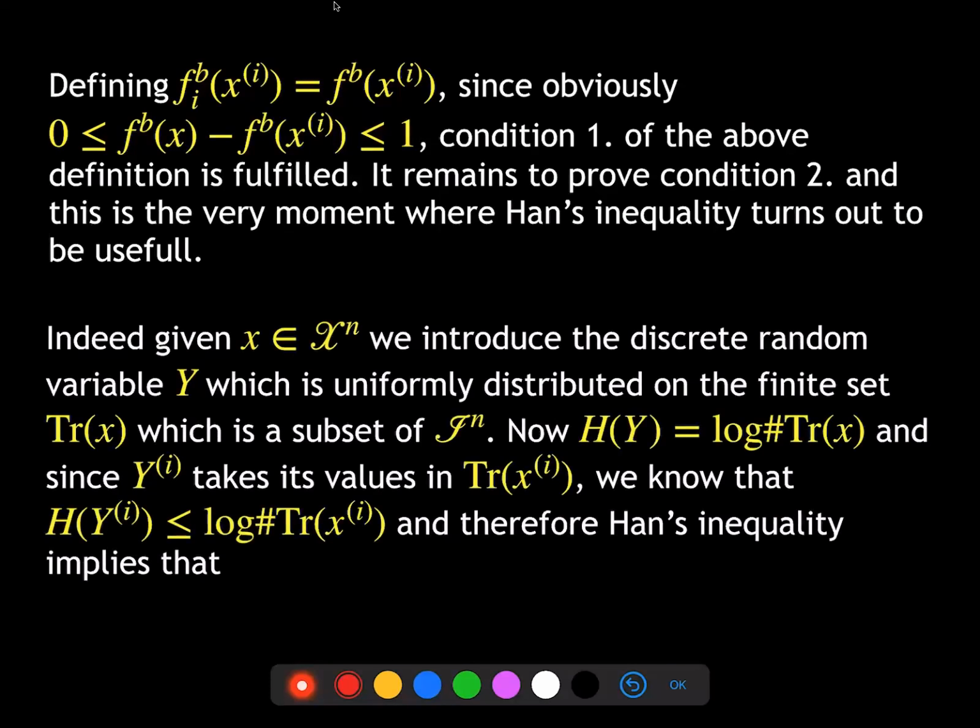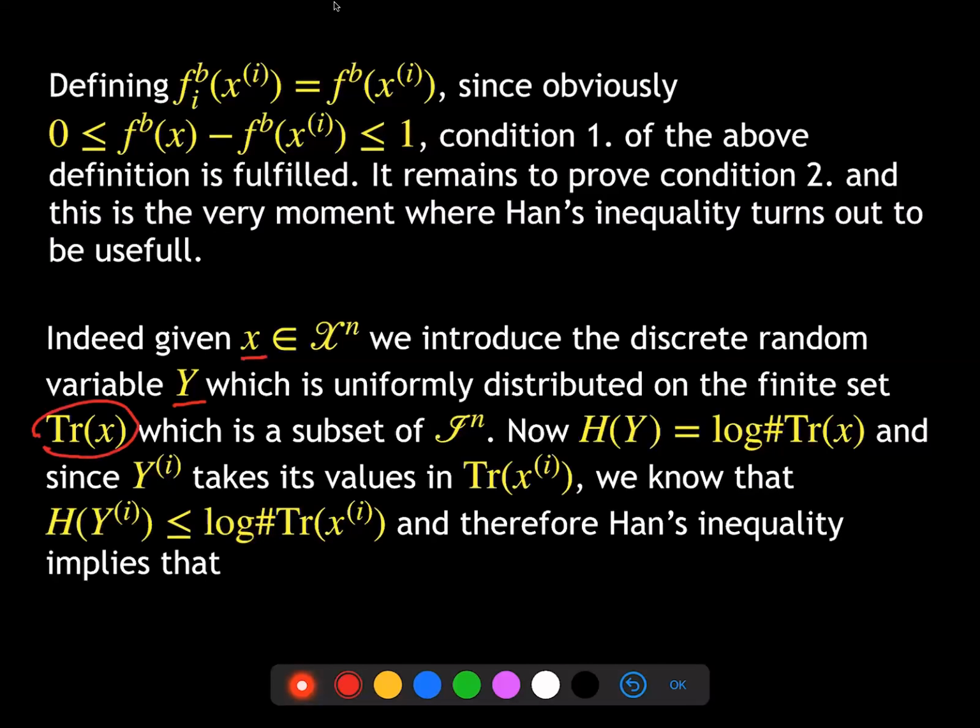So it's simple now. You fix some point x, you create a discrete random variable y, which is uniformly distributed on the trace. Its Shannon entropy is merely the log cardinality, because we have seen that in the case of uniform distribution, the Shannon entropy is merely the log cardinality of the set.